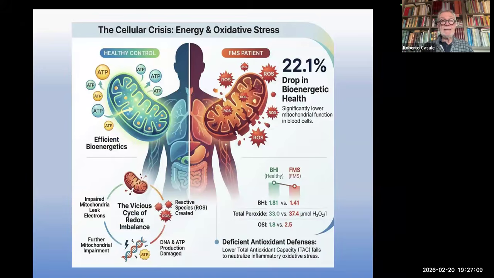If we look at the energy level, and I don't mean energy in the sense of feeling energetic, but cellular energy, we have to deal with the fact that in fibromyalgic patients we have a bioenergetic drop of 22% related to mitochondrial function in blood cells.